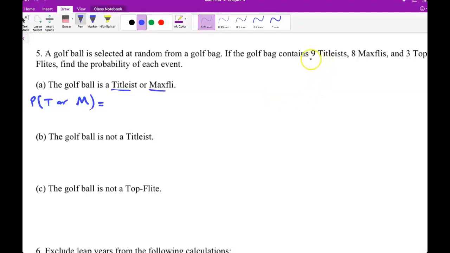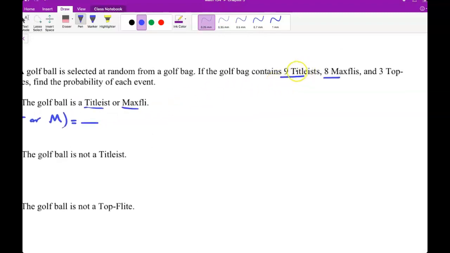So how many we have in that part? We have 9, and here for M we have 8. So for max flights we have 8. And before that we should know how many we have in total. Total number of outcomes is equal to 9 plus 8 plus 3, and that is equal to 20.